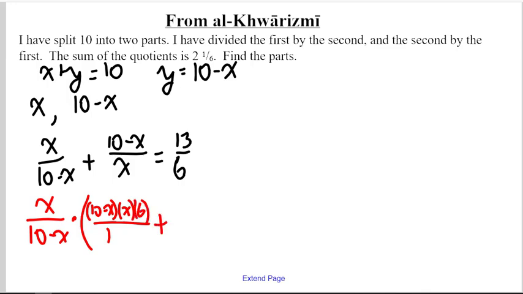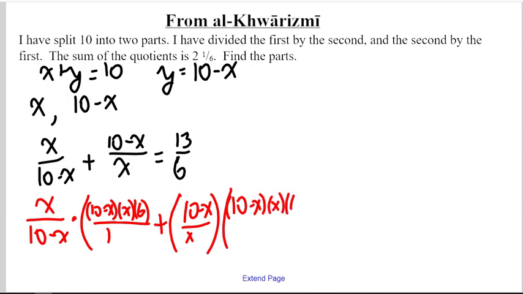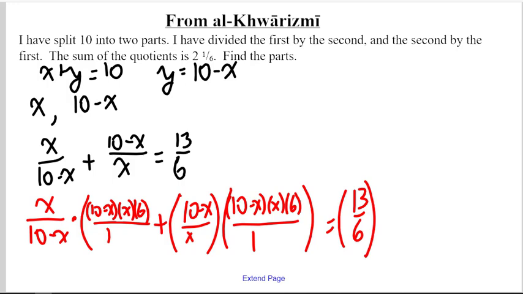And I'm going to take the next term, 10 minus x over x, and multiply it by the exact same thing. Because if I multiply by equivalent statements, I have not changed the problem. It's still the same line. As long as what we do to one term, we do to all terms, it's still the same thing.